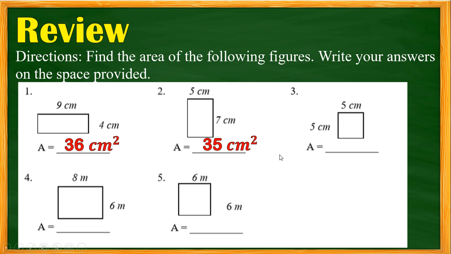And then for number 3, we have 25 square centimeters. Number 4, we have 48 square meters. And then for number 5, 36 square meters. So those would be the answers for this review activity.